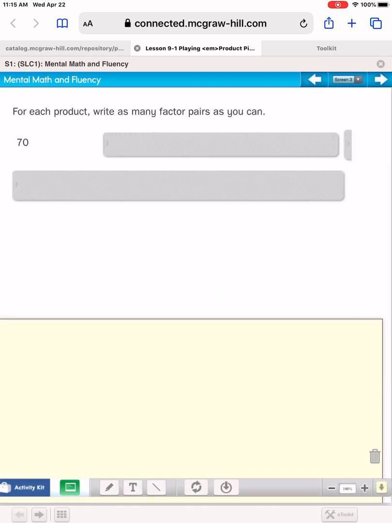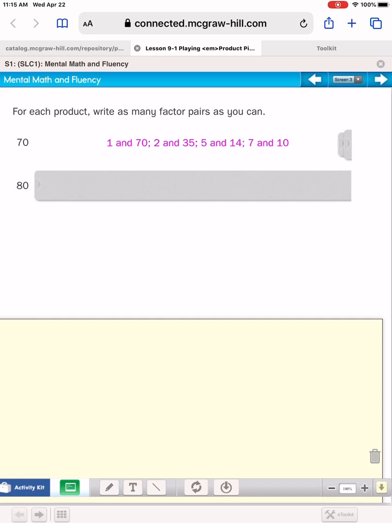How many factor pairs can you write down for the number 70? There are 4 factor pairs for the number 70. They are 1 and 70, 2 and 35, 5 and 14, that was tricky, and 7 and 10.